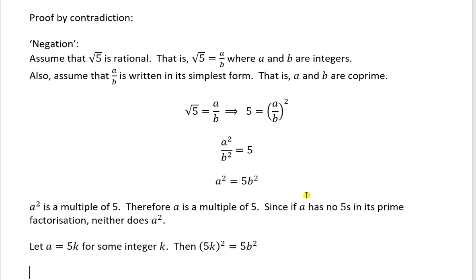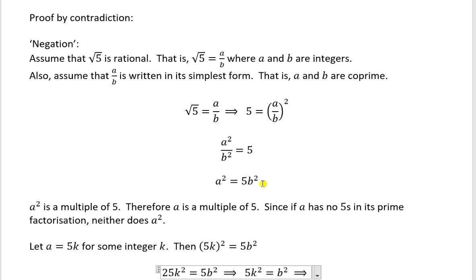Although you can't hear it when we say this, (5k) in brackets squared is different to 5b squared without any brackets. More precisely, if we get rid of the brackets by squaring 5k, we do 5k times 5k, that's 25k squared. That is equal to 5b squared. Now that in turn can be simplified one step further. 5k squared equals b squared.